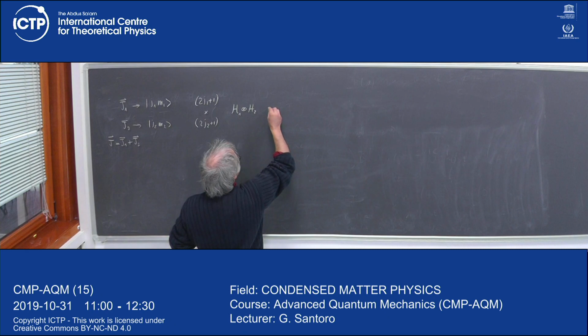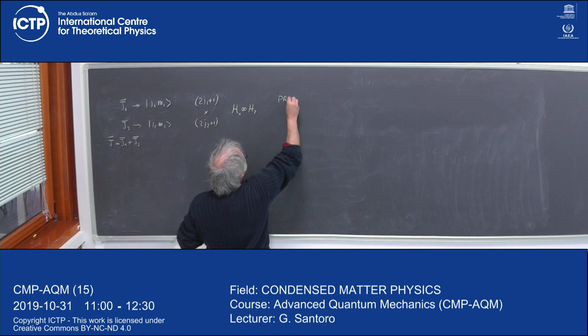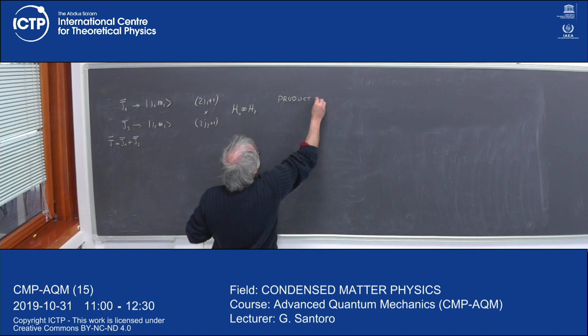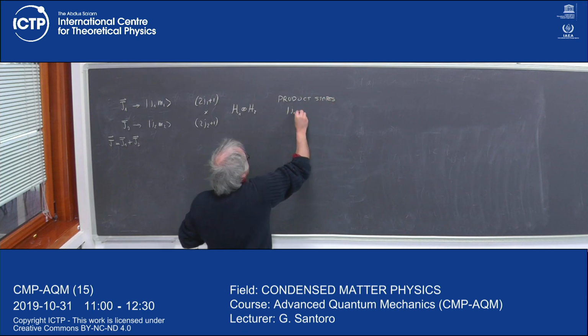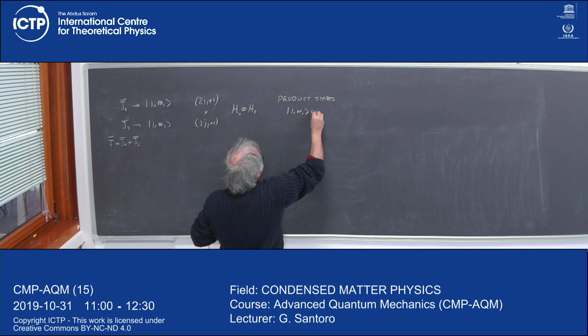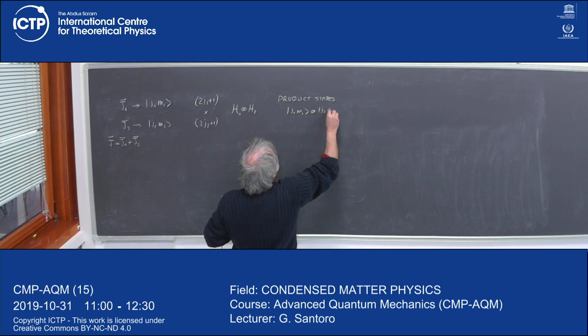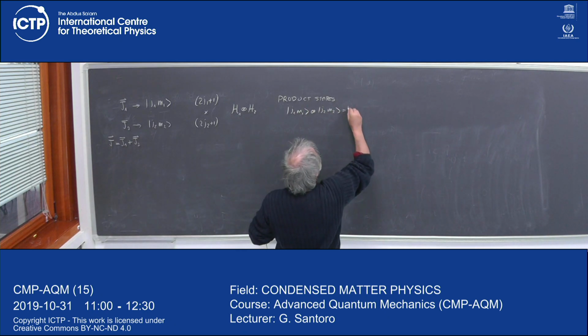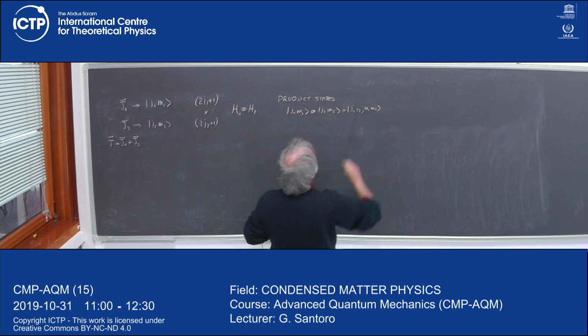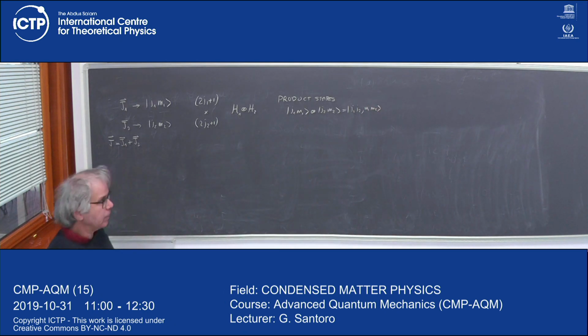So the product states will be |j1 m1> times |j2 m2>, okay? Good. Now I will abbreviate this as |j1, j2, m1, m2>, with a hopefully simple notation. All right, these are product states.